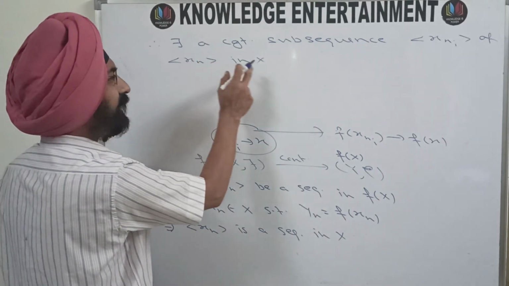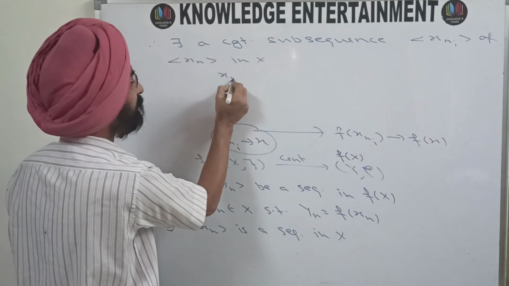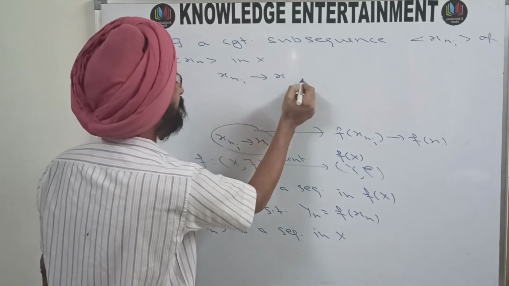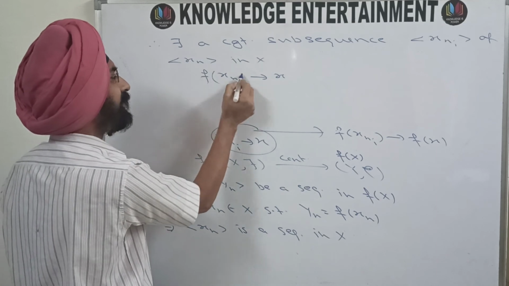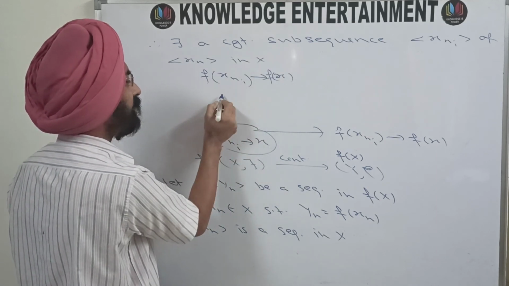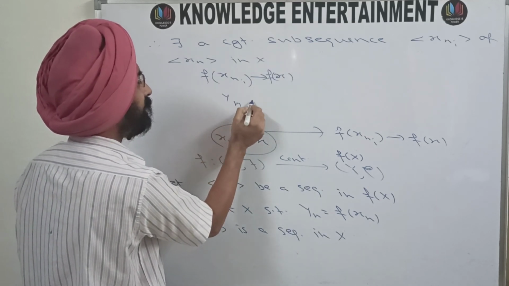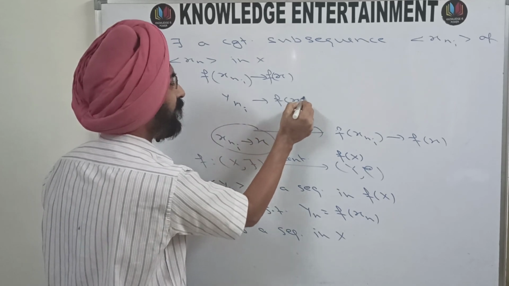So xni converges to x, and f is continuous, so f(xni) converges to f(x). That means yni converges to f(x).